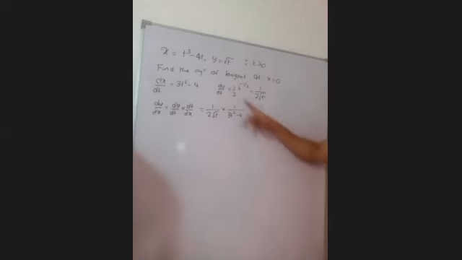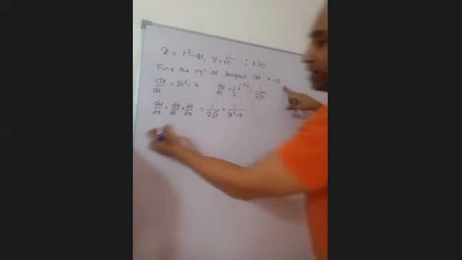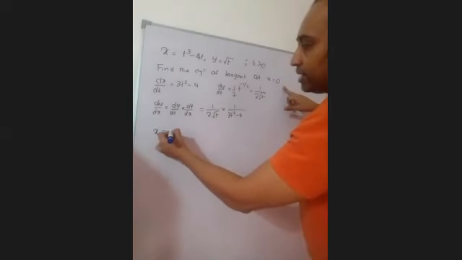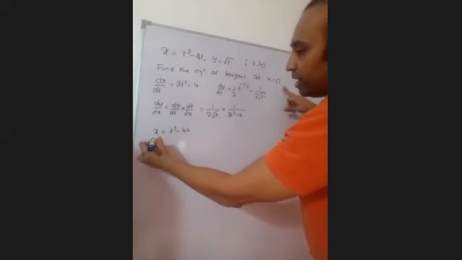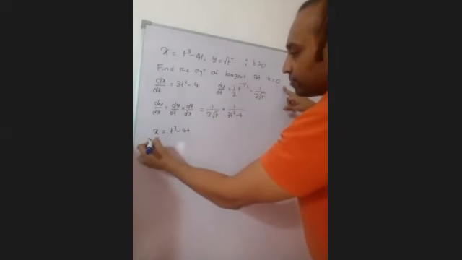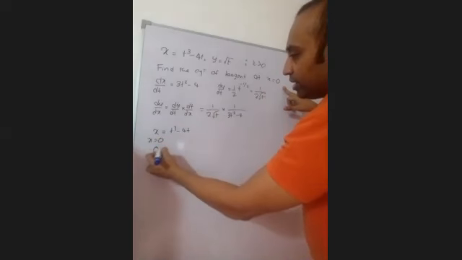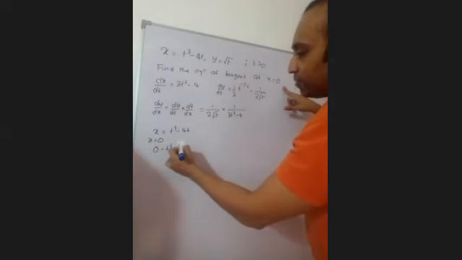Now to find the gradient, I need to find the t value for it. We know that the tangent is drawn at x equals 0. Then we can say x is equal to t cube minus 4t. Then if x is equal to 0, they have given x equals 0. That is 0 equals t cube minus 4t.